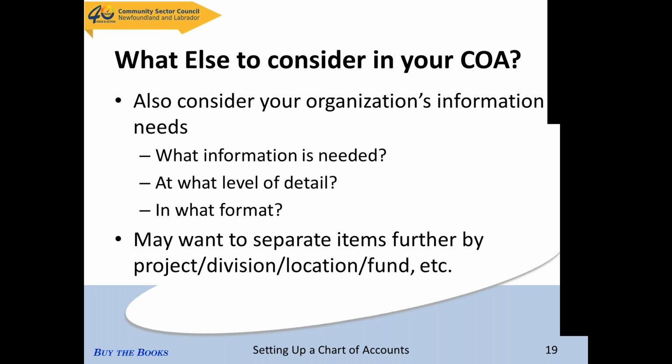So as I mentioned, you may have different locations for your organization. Are you going to want to show salaries for the employees in each location? If you are, then you may very well want to have a separate account number for those three salary locations, or those three locations.